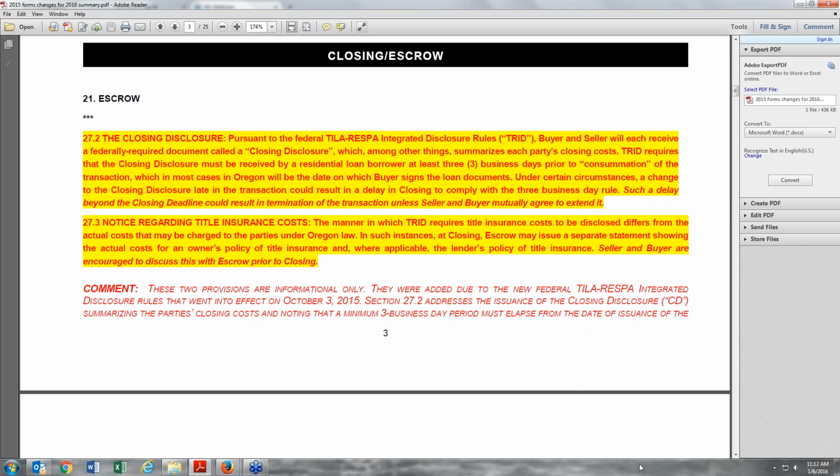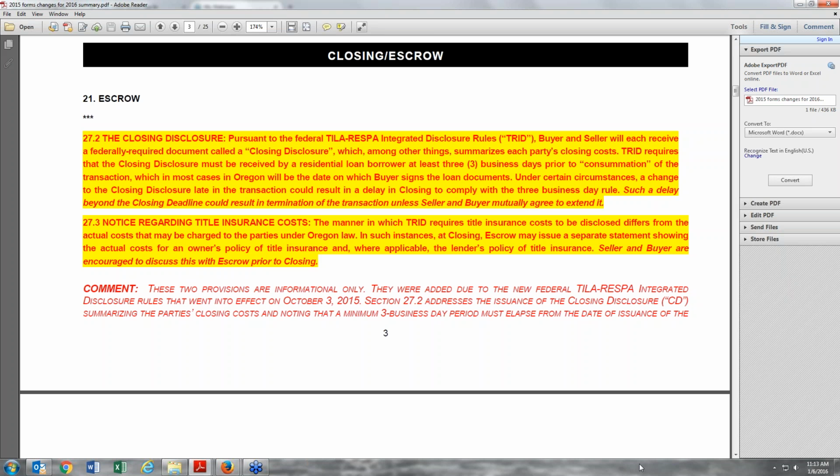It's my understanding, I hope I'm right, that what title companies are doing is they're going ahead and delivering the closing disclosure, even though it confuses the issue on the cost of the title insurance, and then they issue their own little closing disclosure that corrects or explains or shows the true cost of the title insurance that is consistent with the loan estimate.